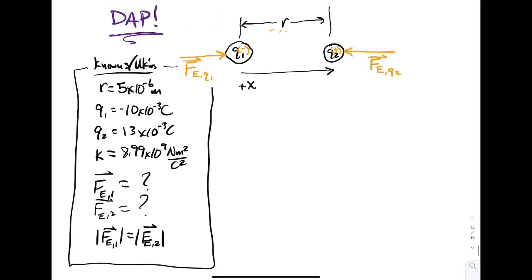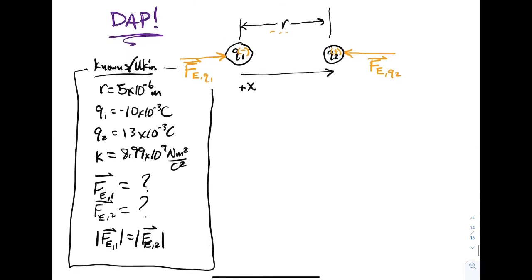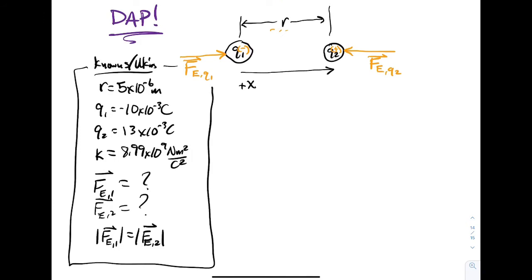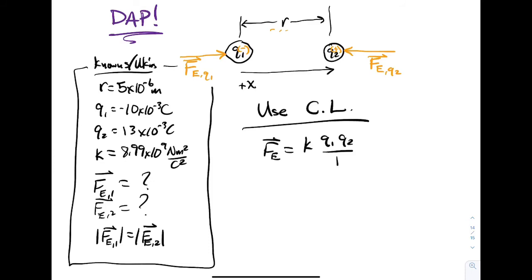So we're going to go ahead and try to solve for the electric force that will be on each of these particles. So we're going to use Coulomb's law. Coulomb's law was Fe equals K Q1 Q2 over R squared in whatever direction it is. It's a radial force. We're going to drop vector notation because it's one-dimensional.